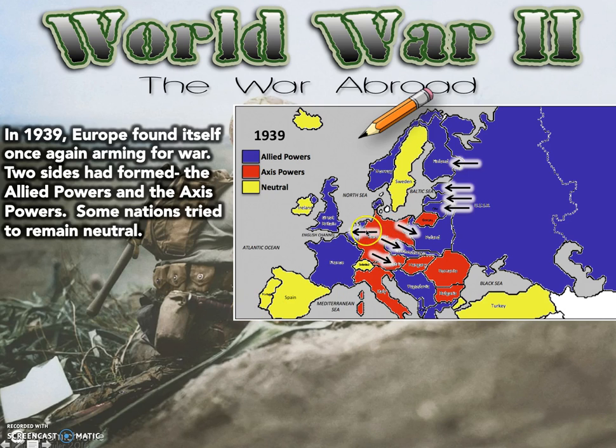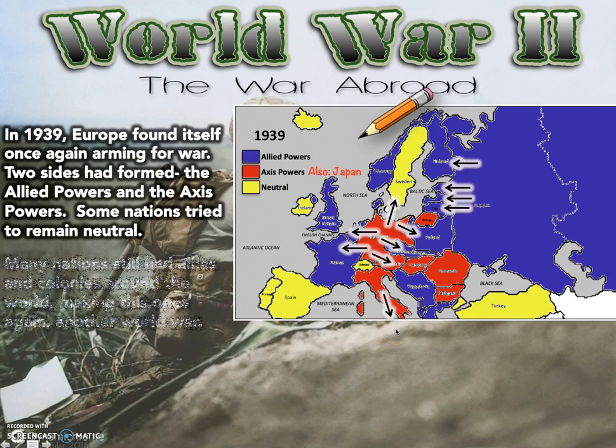Germany is going to invade into France through the Netherlands and Belgium. Okay, and then they're ultimately going to take Paris. Excuse me. Germany is also going to invade Sweden. Italy is going to invade into northern Africa. The Axis powers is also going to include Japan, which is not on this map.